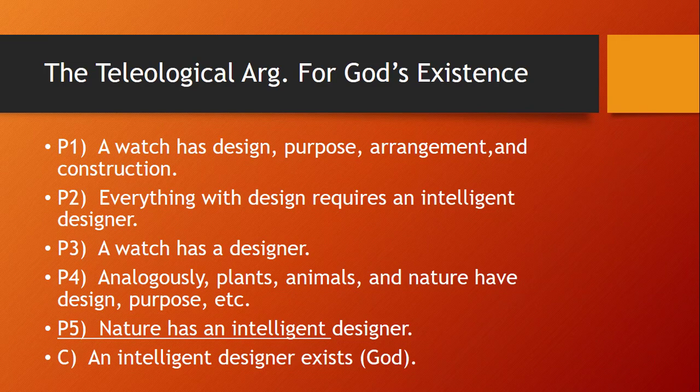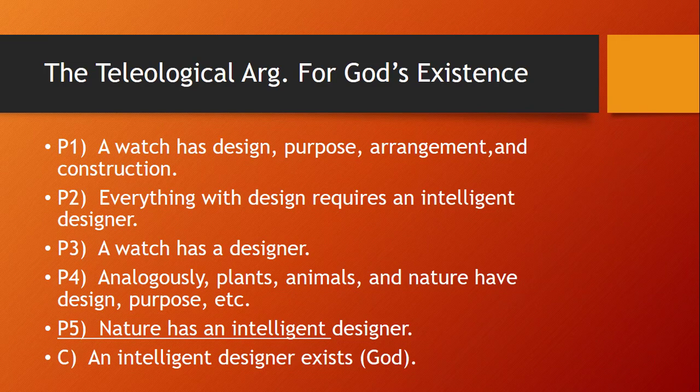So this is analogous to how, well, if a watch has these certain kinds of qualities, well, then they have a designer. Well, analogously, plants and animals have these kinds of qualities as well, so therefore nature has an intelligent designer. Therefore, conclusion, an intelligent designer exists. And this teleological argument is here saying that, well, this intelligent designer is God.